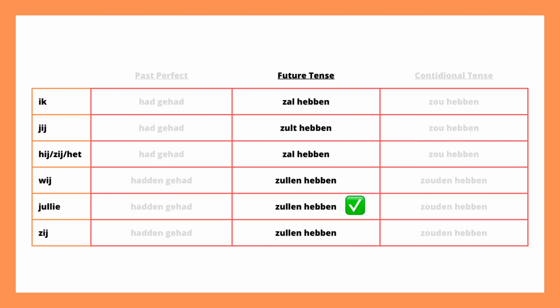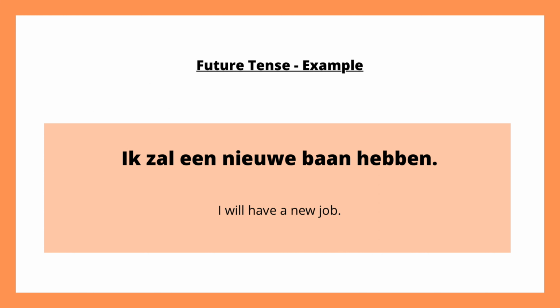Jullie zullen hebben. Zij zullen hebben. For example, ik zal een nieuwe baan hebben. Means I will have a new job. In Dutch, the future tense is formed by using the auxiliary verb zullen or gaan with the infinitive form of the verb hebben.